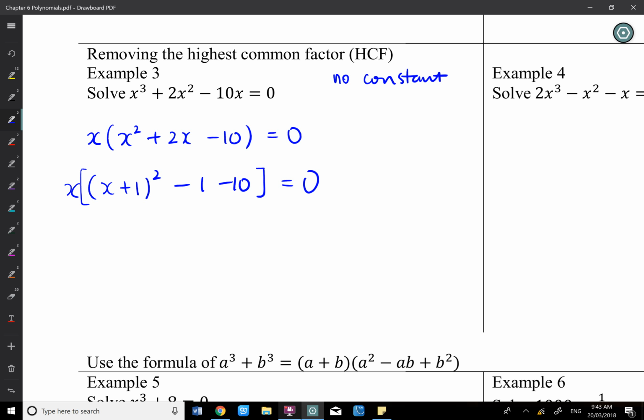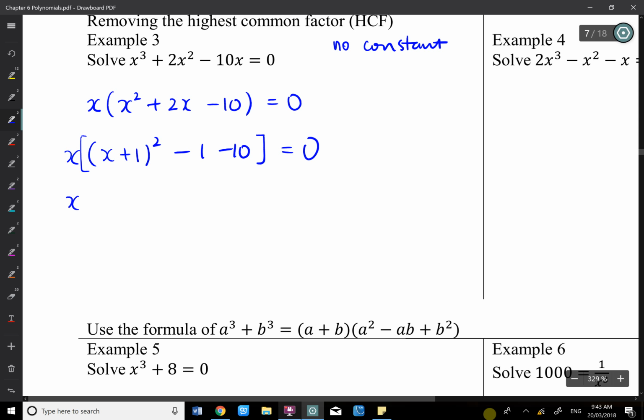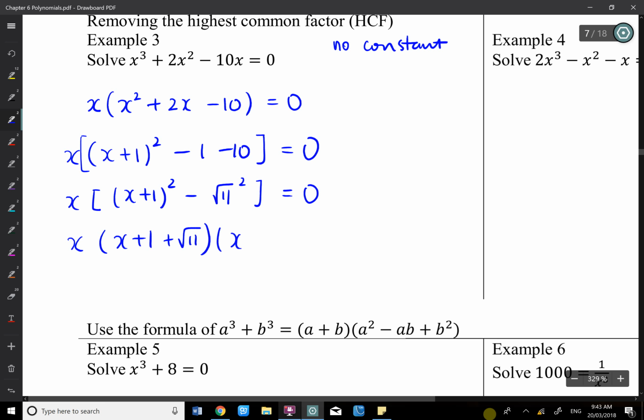So the first three terms become x plus 1 squared. So x plus 1 squared minus root 11 squared equals to 0. So x times x plus 1 plus root 11, x plus 1 minus root 11 equals to 0.